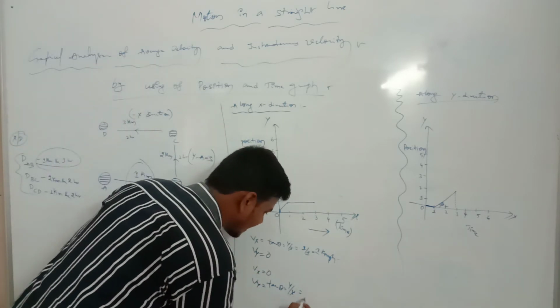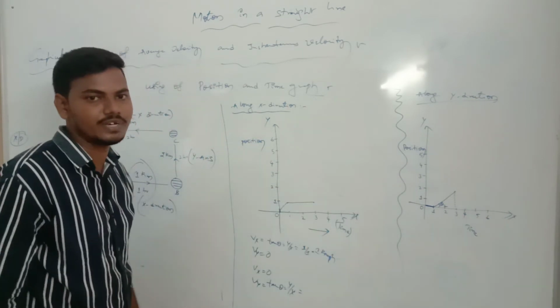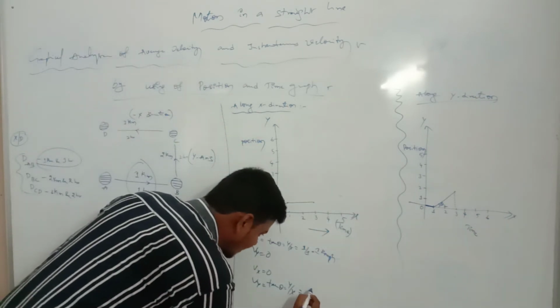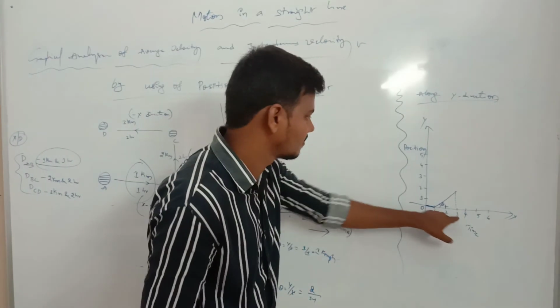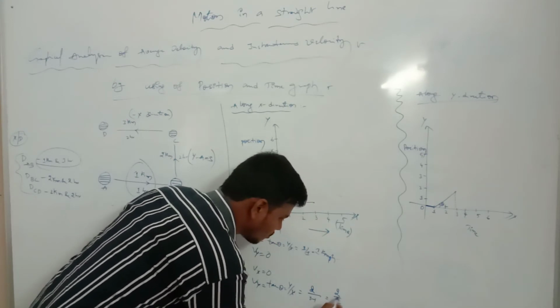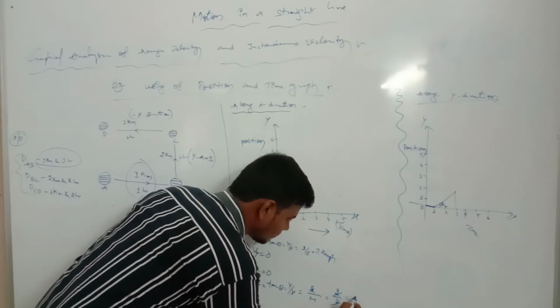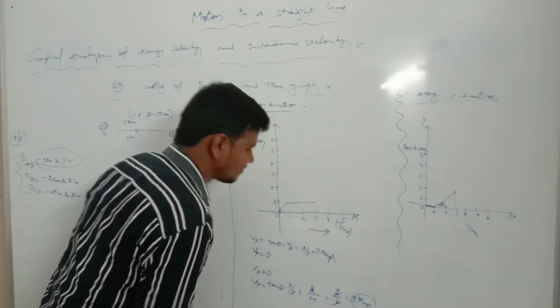Now y means the positions we take: 2 kilometers by 3 minus 1. Now 2 kilometers by 2 hours is 1 kilometer per hour.